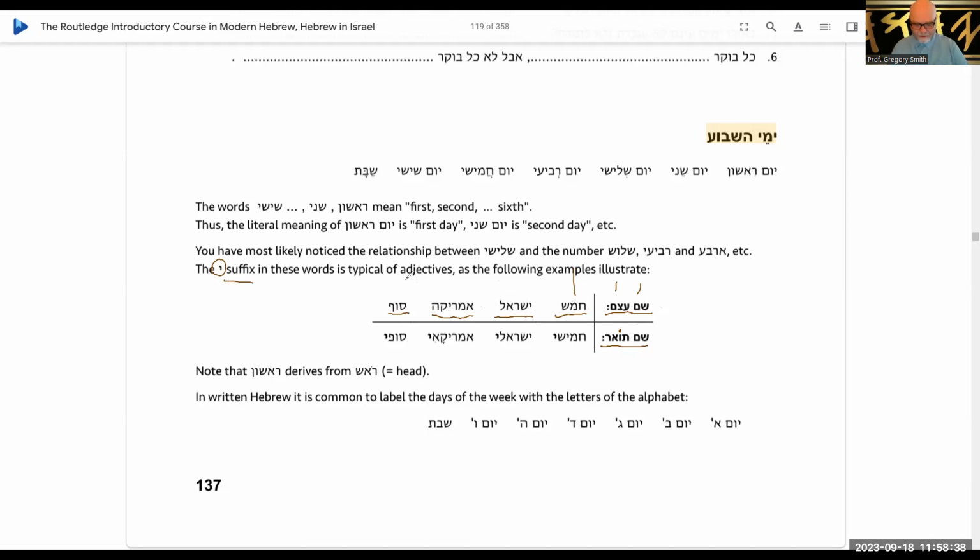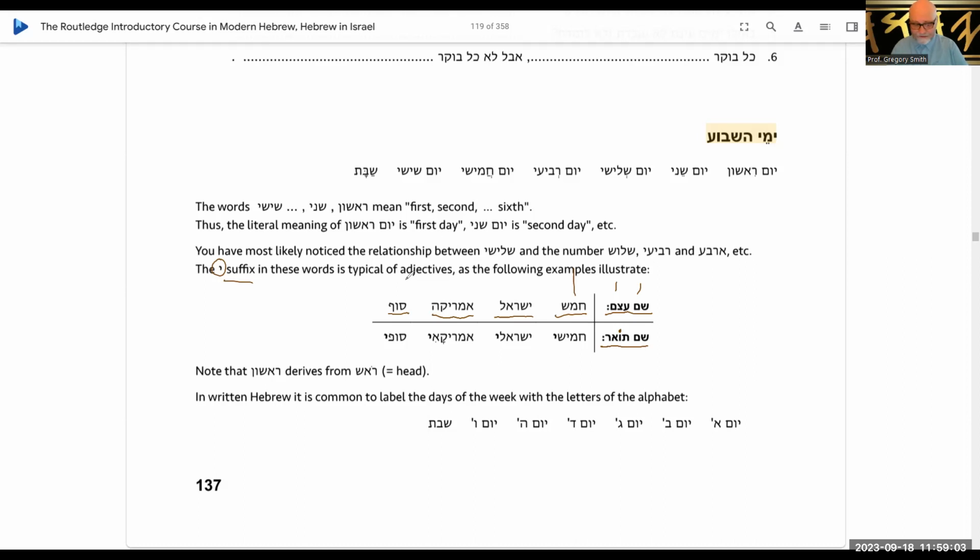So these would be nouns. Chamesh, yeah, that's 5. Then we've got Yisrael, that's a noun, and America, that's a noun. Then we've got Sof. It might be Suf, the end.